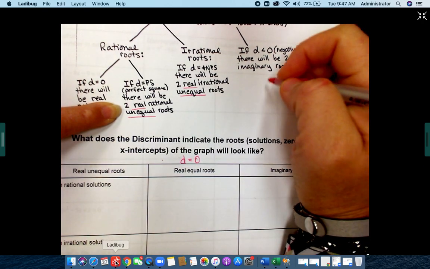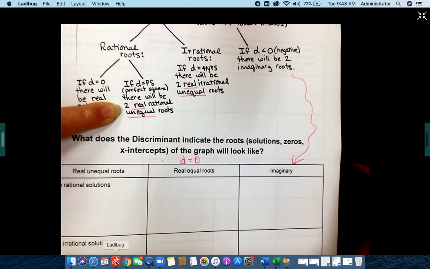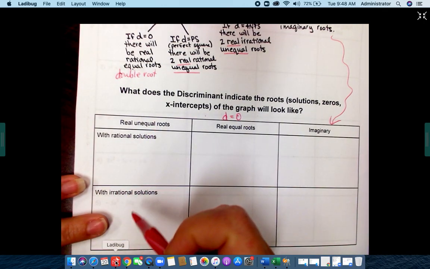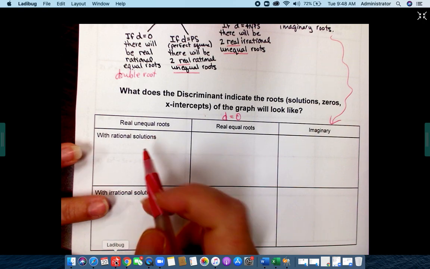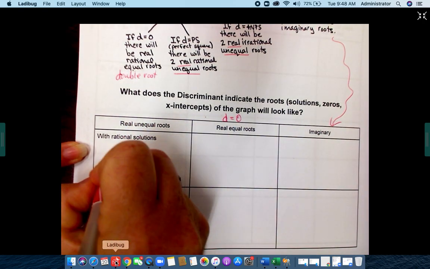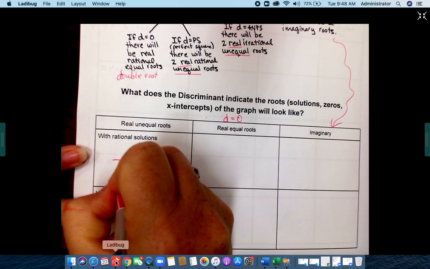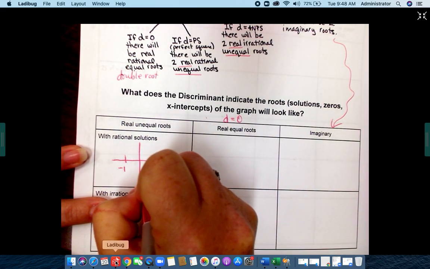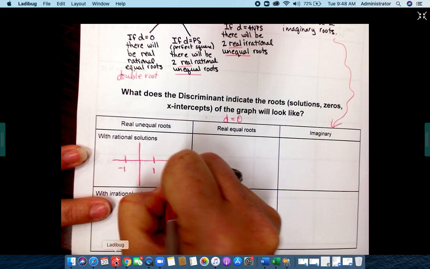And then over here for imaginary, what will that end up looking like, okay? So if I have real unequal roots, but I have rational solutions, rational numbers can be both fractions or integers. So I'm going to make that 1 and that 2.